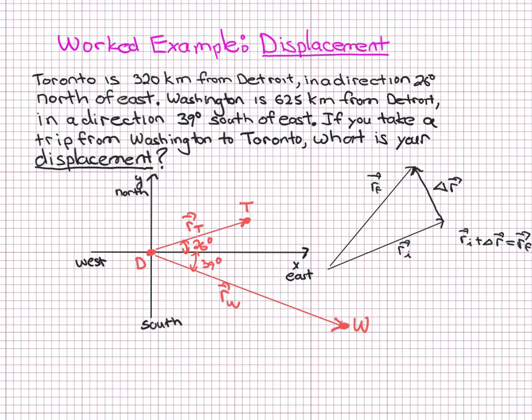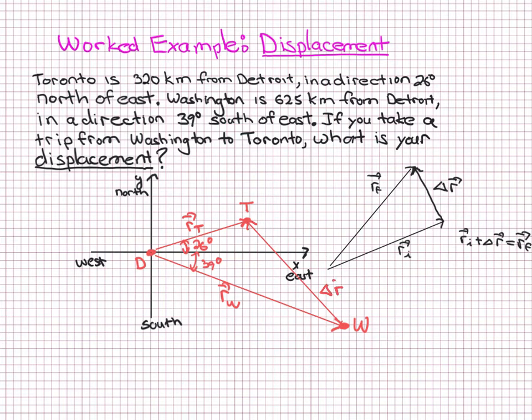And now we want to know if we take a trip from Washington to Toronto, what is our displacement? So I'm going to draw a line from Washington to Toronto. I'm going to put an arrow on the tip here. And this line represents my displacement.